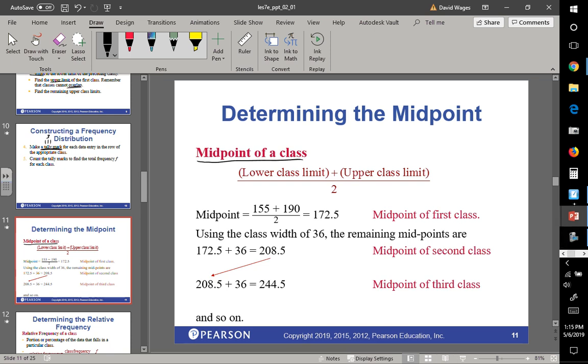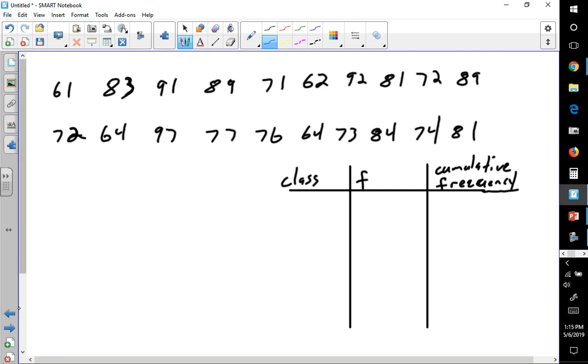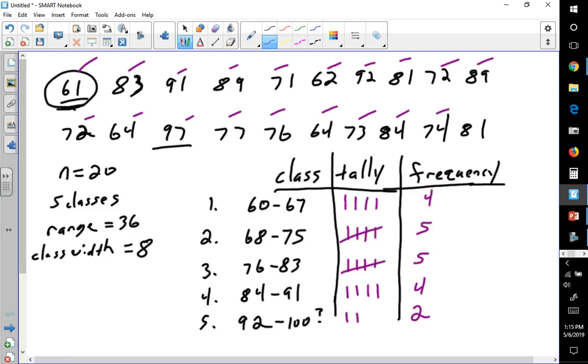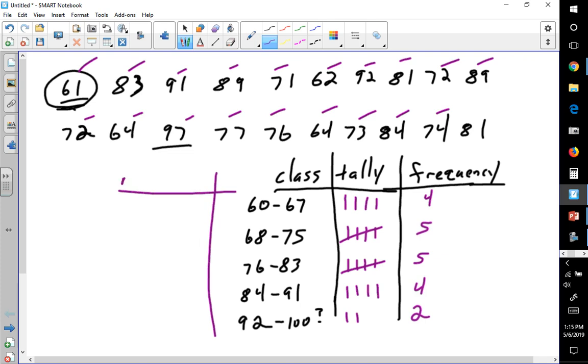So if we want the midpoint, let me see. Let's erase a little bit here, and I'm going to extend this to the left. If we want the midpoint of that first class, we add those to the low value.